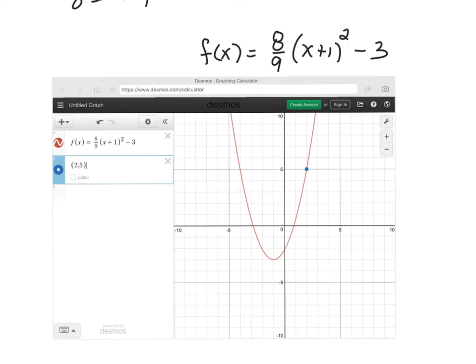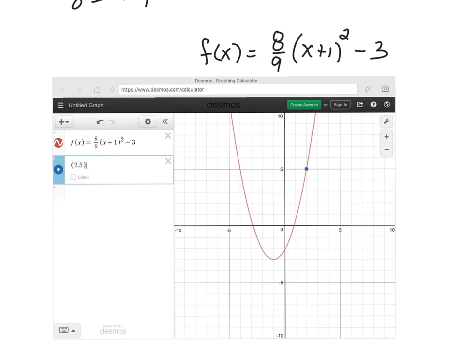All right, so we're back here, and I've brought up a Desmos window, and we can see that I've typed in our equation, 8/9 times (x plus 1) squared minus 3, and I've also put in the point (2, 5). So if I take a look at this point right here, (2, 5), we can see that it does in fact pass through that point.